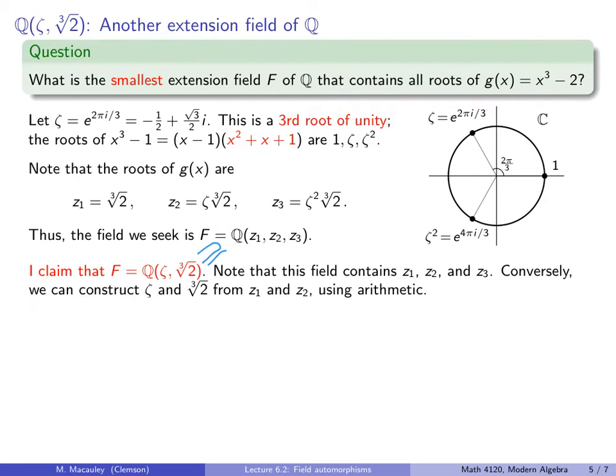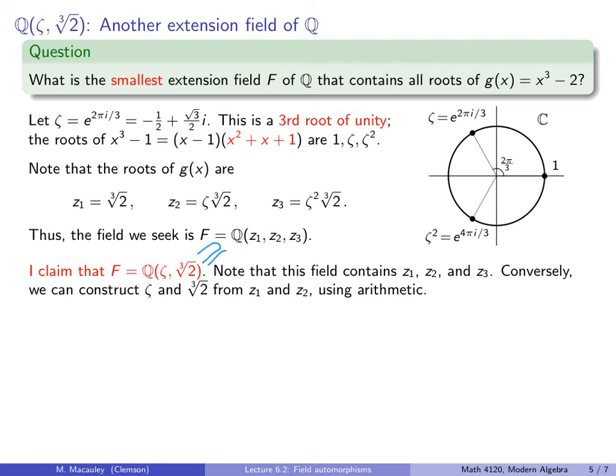Let's now argue why everything in here is also in here. So all we have to do is show that if we can produce zeta and the cube root of 2 from this field, then we're done. Well, clearly, the cube root of 2 is in this field because it's just z1. So I claim that I can construct both of these from just z1 and z2 using arithmetic. And so how would I do that?